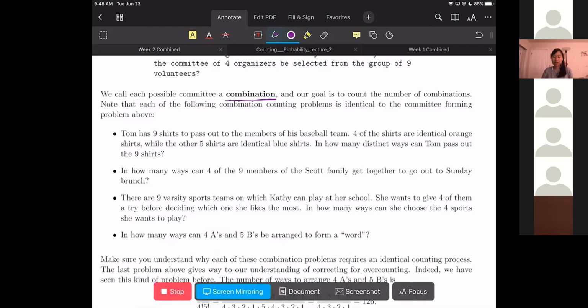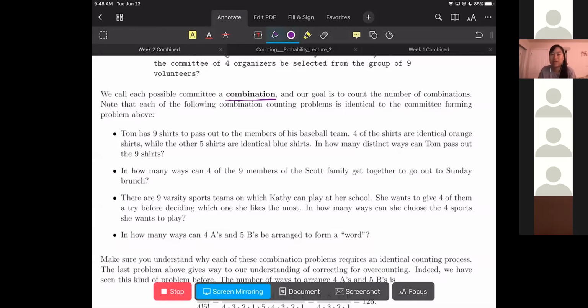But when the question says the shirts are identical and you can pass them out, or the committee is picking 4 organizers and there's no positions to them, then you would want to use a combination. Okay, thank you. Yeah.